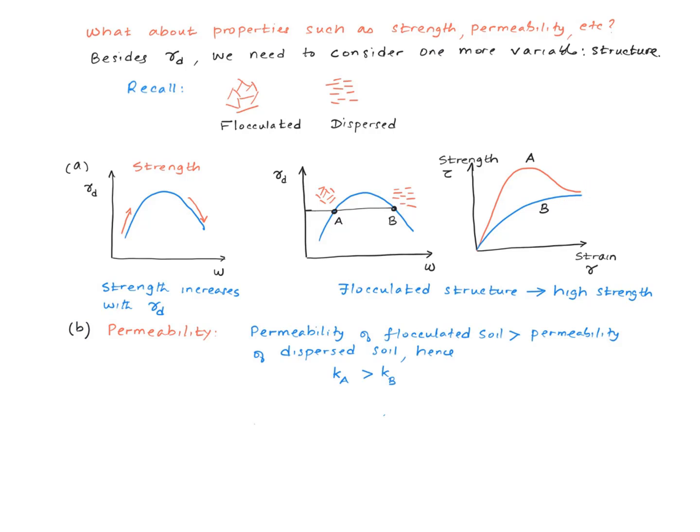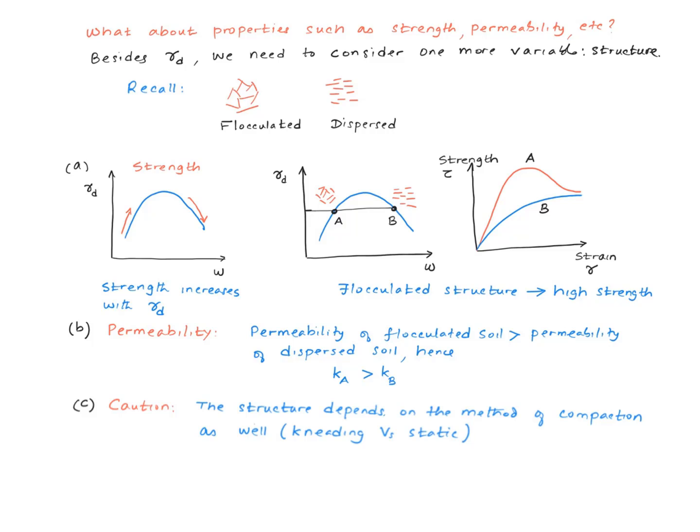As we touched on a little bit earlier, the structure also influences the permeability. Permeability of flocculated soil tends to be higher than the permeability of dispersed soil. And therefore, the permeability at point A will be higher than the permeability at point B. But we want to be careful with this type of simplistic interpretation because the structure also depends on the method of compaction.